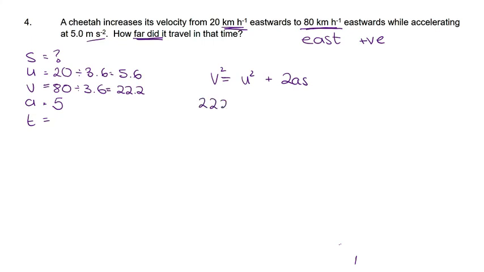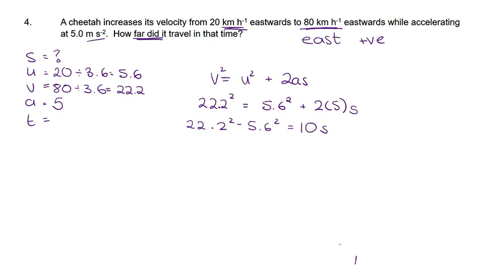So 22.2 squared equals 5.6 squared plus 2 lots of 5 times s. Now my 5s can look like s's, so sorry if that's confusing. Okay, now I'm going to put the 5.6 on the other side. So I get 22.2 squared minus 5.6 squared equals 2 lots of 5 is 10.